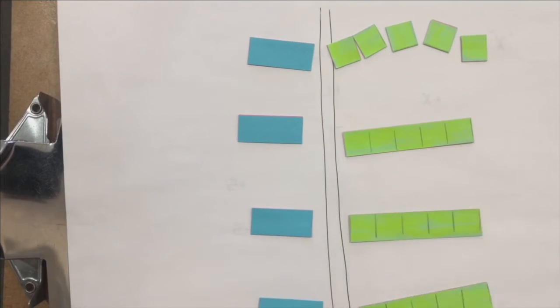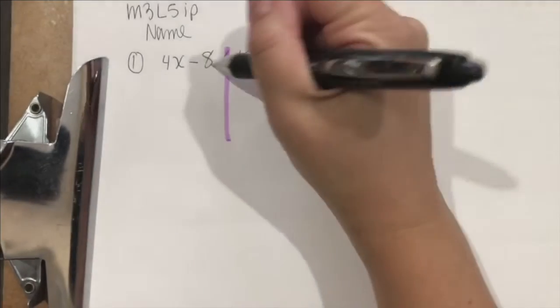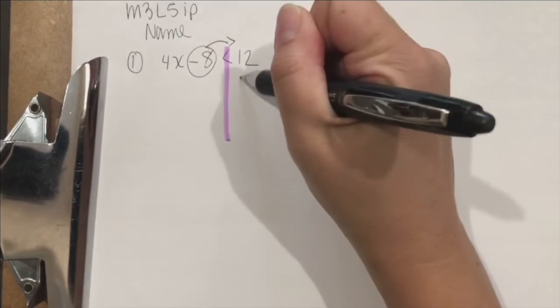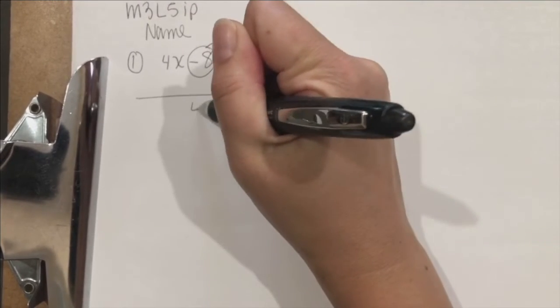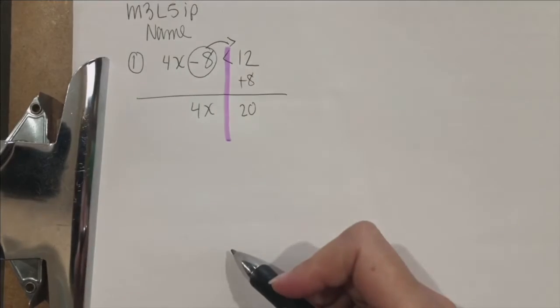Let's show that on paper. We flipped and added 8. This became 20. 4x was still on that side.